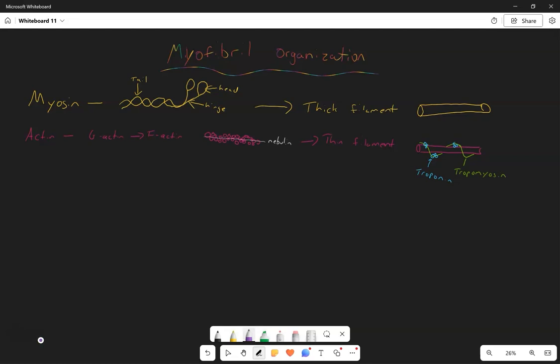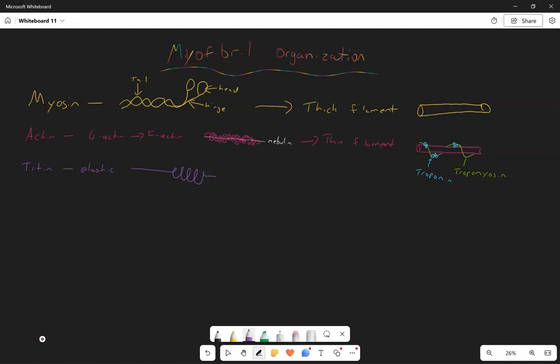The other proteins that you should be concerned with are titin, and titin is an elastic filament, so it's what gives skeletal muscle the elasticity. It is a filamentous protein that looks like this, like so.